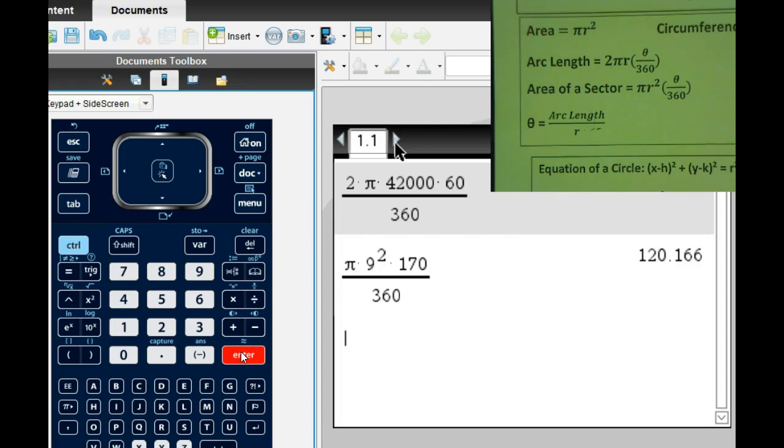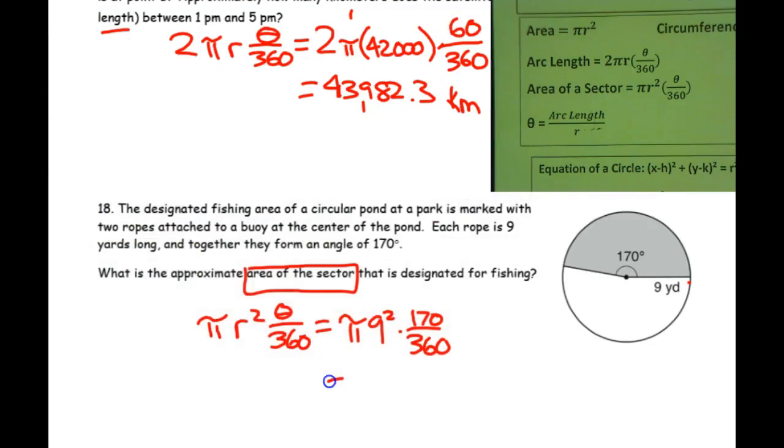And we get 120.166 or 120.17 yards, and this is going to be yards squared because we're talking about area, 2-dimensional, squared units.